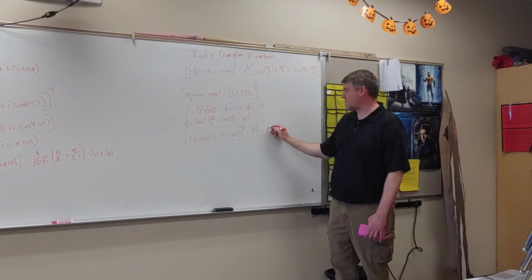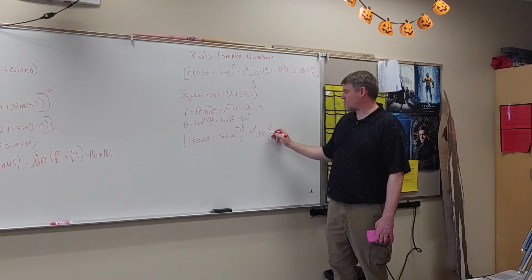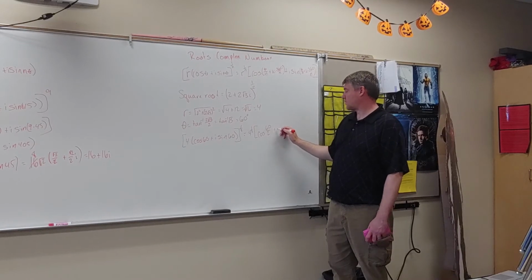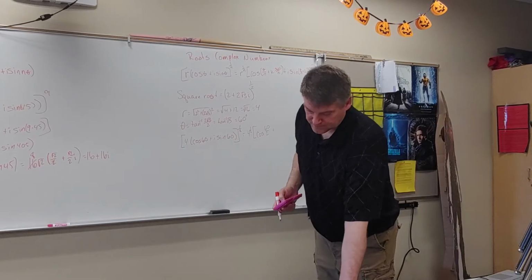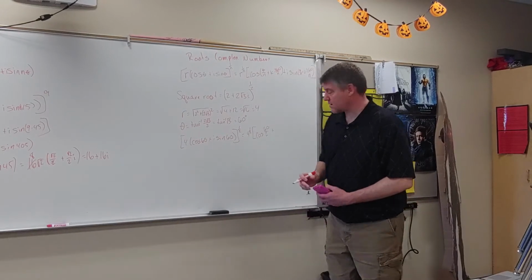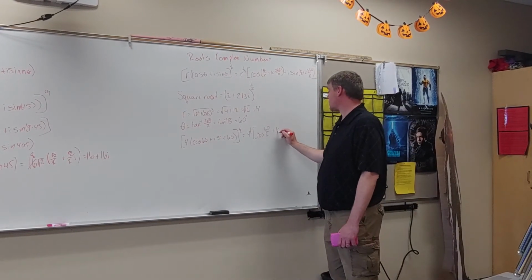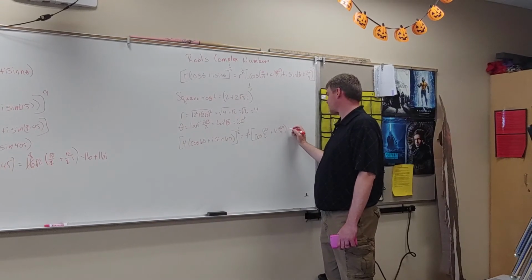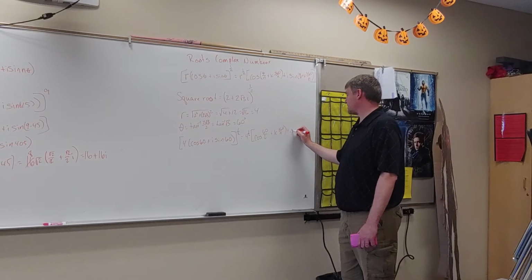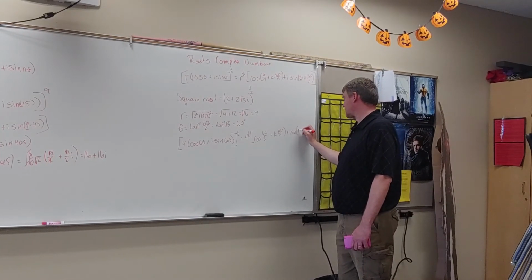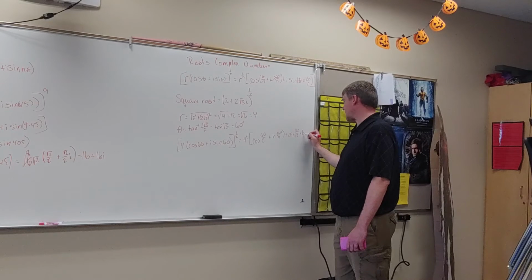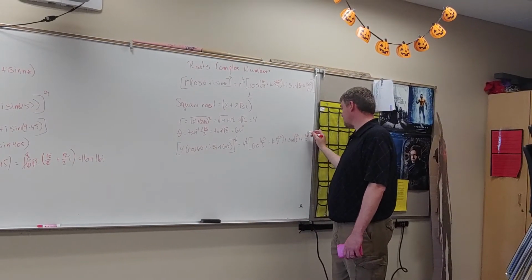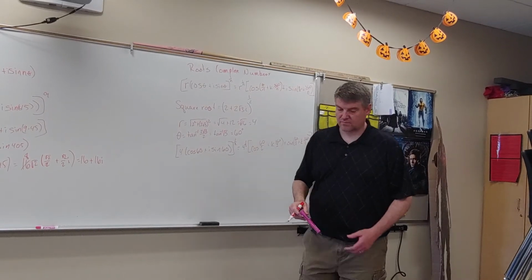Now here's my angle, so I have 60 over 2, so n is 2 here, plus k times 360 over n, plus i sine of 60 over 2 plus k 360. This should be a 2 here also, over 2.